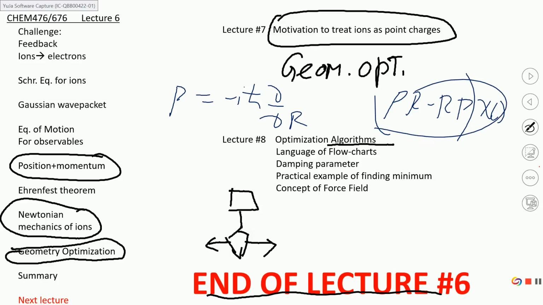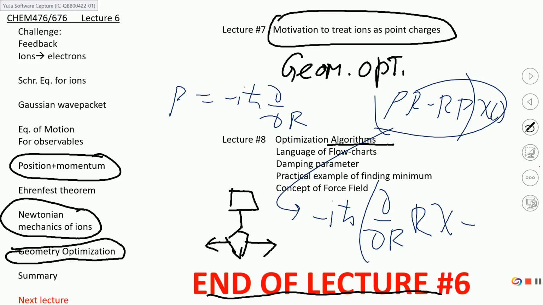So from here you get minus i h bar times d/dR of R chi minus R d/dR of chi. Right? Now the derivative is applied here to a product of two functions, and here it is R times the derivative of the function.